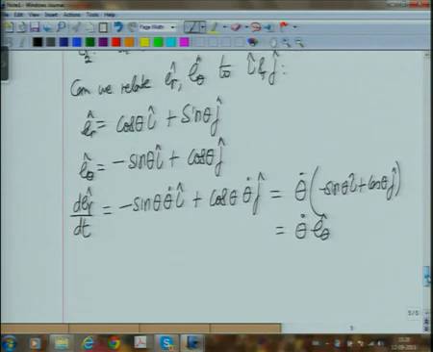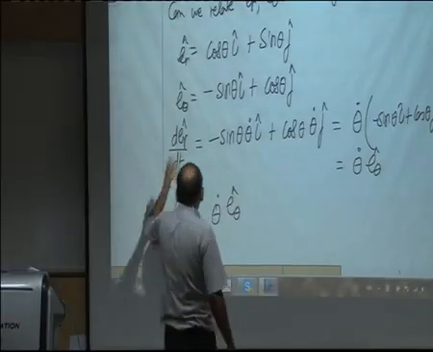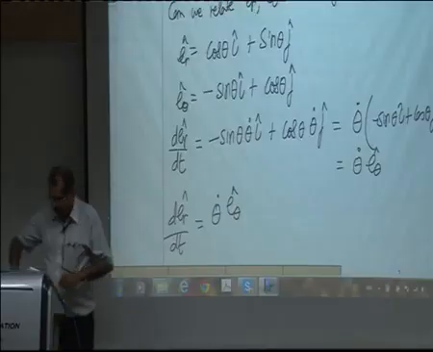So, what I get is dER by dt is equal to theta dot E theta. Okay. Straightforward. Next, let us do the derivative of E theta.